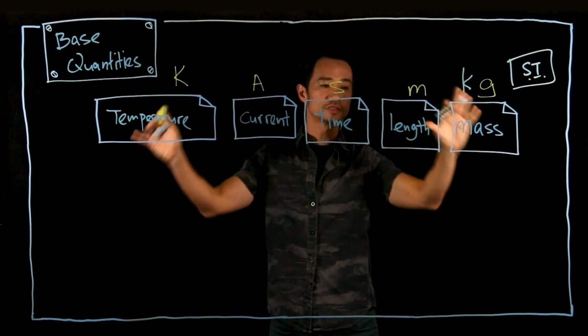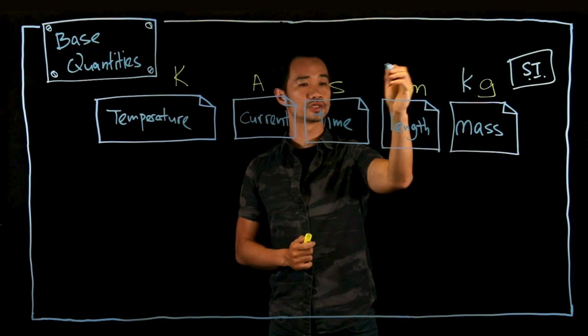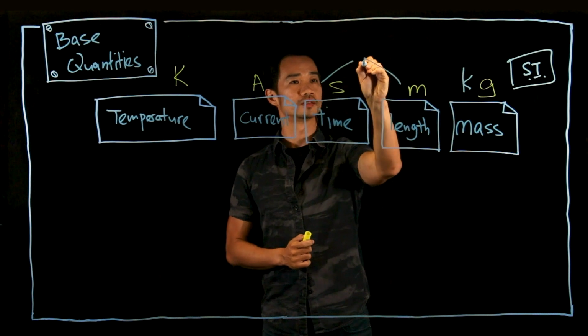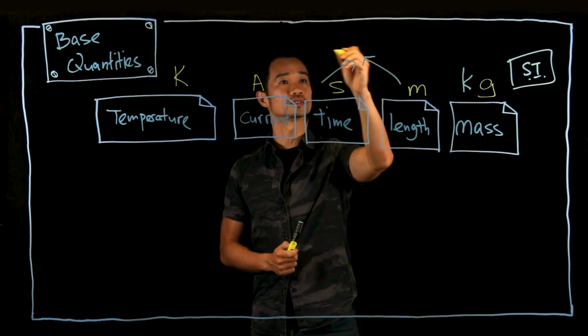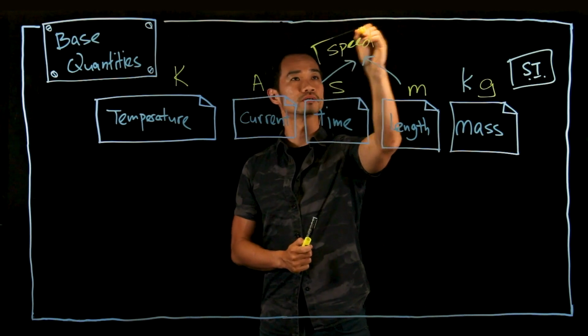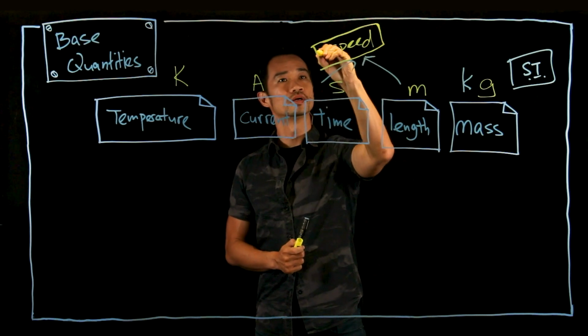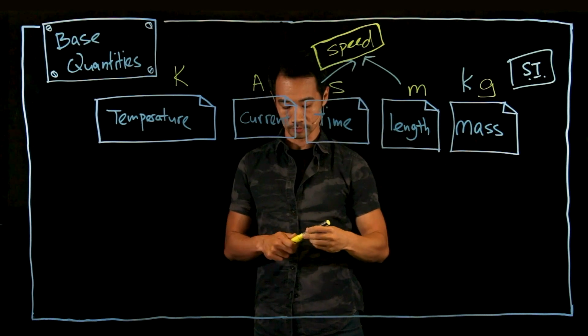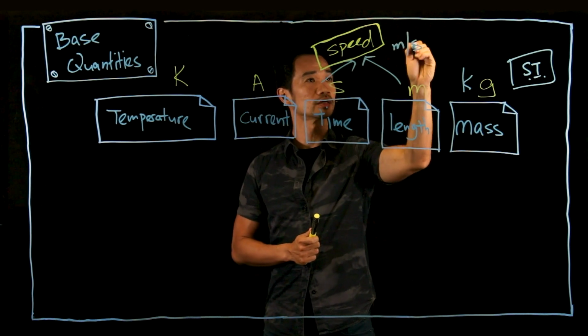So how does this base thing work? For example, if we take a combination of length and time, you can have a quantity which we call speed. You might have learned about speed in primary school, and speed is measured in meters per second.